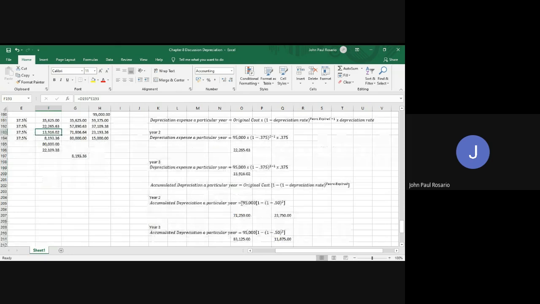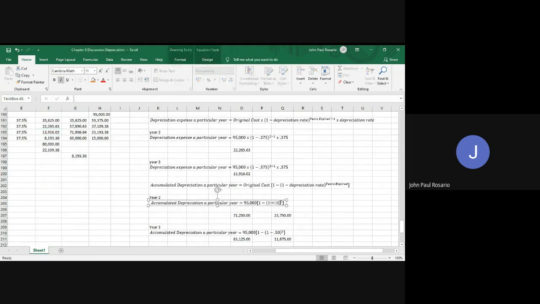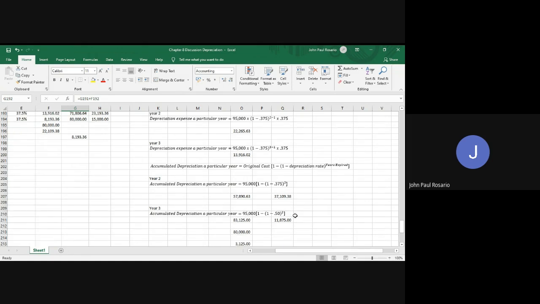For our accumulated depreciation, this will become 37.5 in our formula as well. So that's 57,890 as our accumulated depreciation in year 2 and 37,109 as our book value.